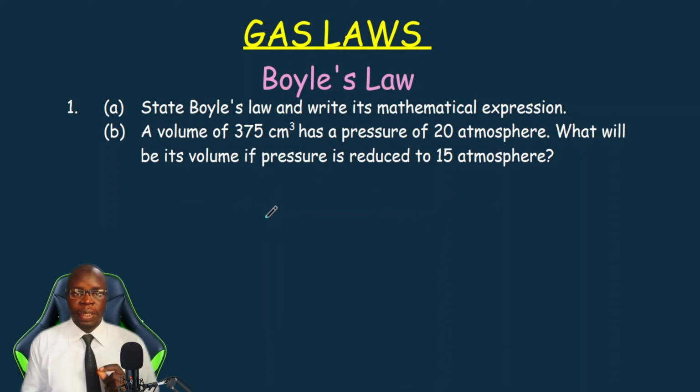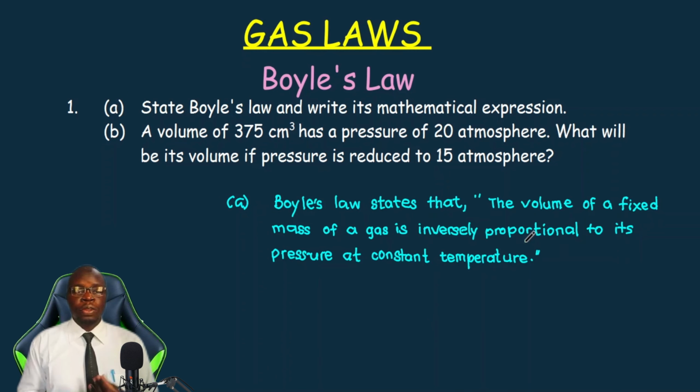All are considered to be correct. Let's write our answer down here, and we start with part A of the question. Since we already know our law, we can go ahead and write its mathematical expression.